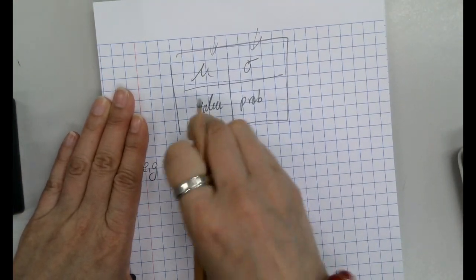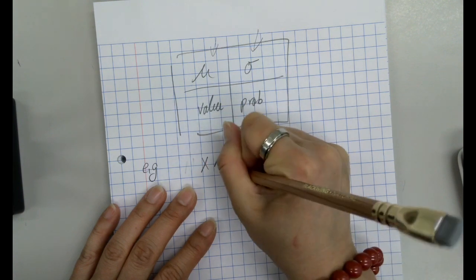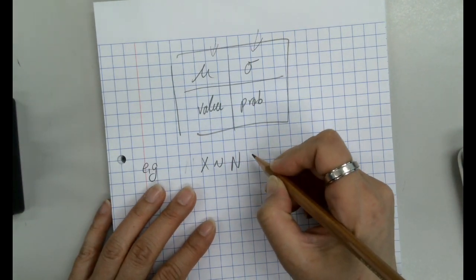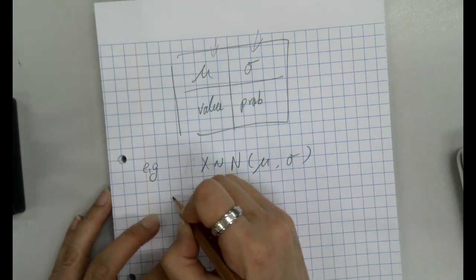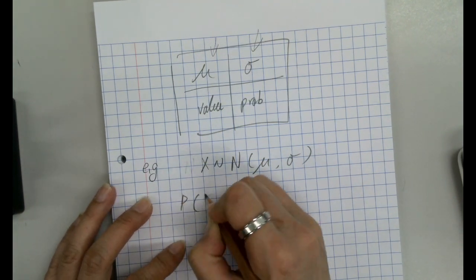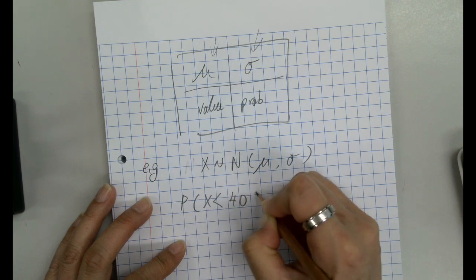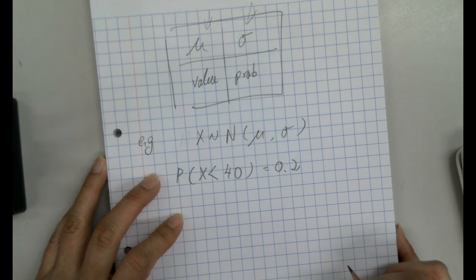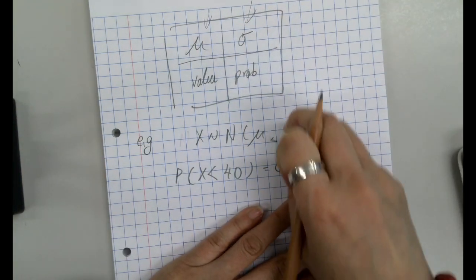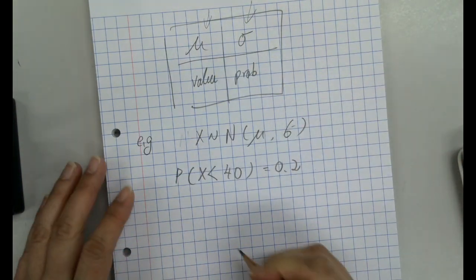X is normally distributed with, we don't know the mean or standard deviation. But we know that the probability of x smaller than 40 is 0.2. Oh no, we need one of them, the deviation. All right, find the mean.